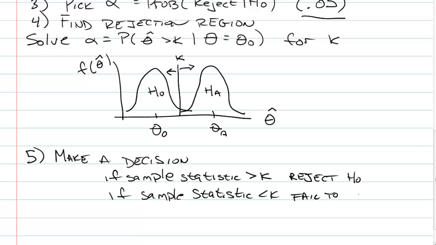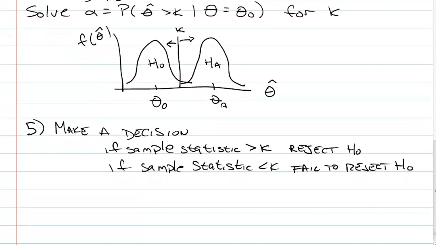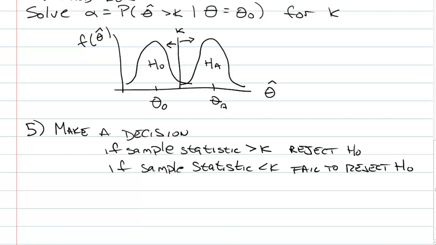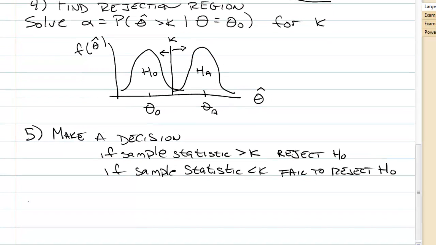You don't say you accept H naught, you say I fail to reject. Again, back to our criminal trial system, we don't say that the accused is innocent, we say not guilty. Right? Last, some notes on how to write up your conclusion.